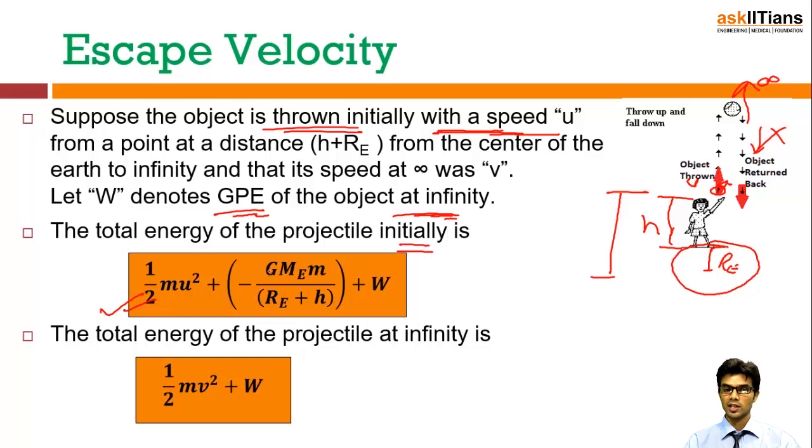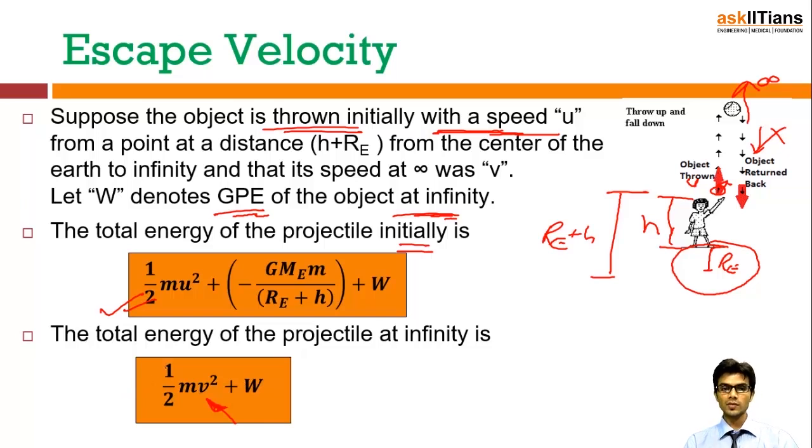Here M_E is the mass of the Earth, m is the object which is thrown, and the distance is R_E plus H, plus the gravitational potential energy of the object at infinity. This is the total initial energy of the projectile. If v is the speed at infinity, the total energy of the projectile at infinity will be half m v square plus W.